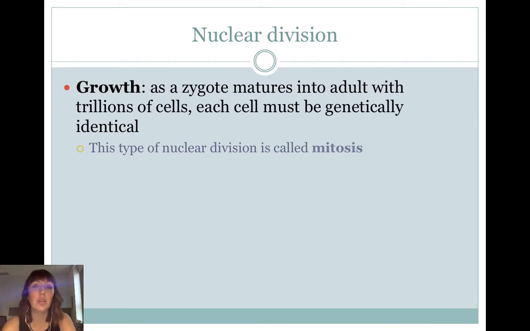Okay, nuclear division. As a zygote matures into an adult with trillions of cells, each cell must be genetically identical, and this type of nuclear division is called mitosis. This is an example of asexual reproduction that many organisms go through, or it's also how, if you have an injury in your body, your cells will heal, creating new cells to heal.